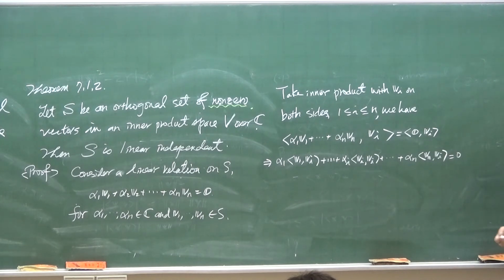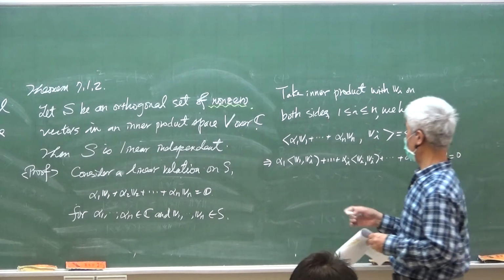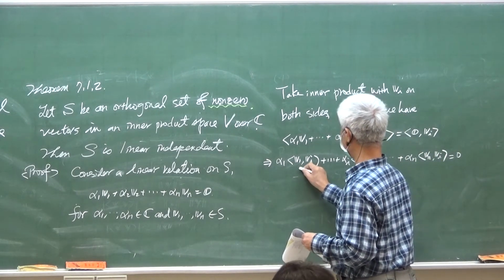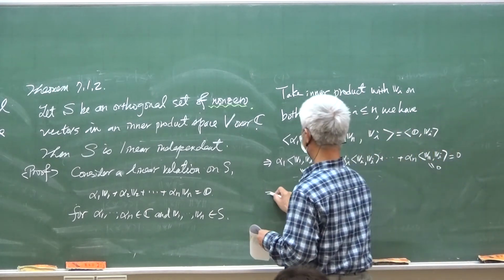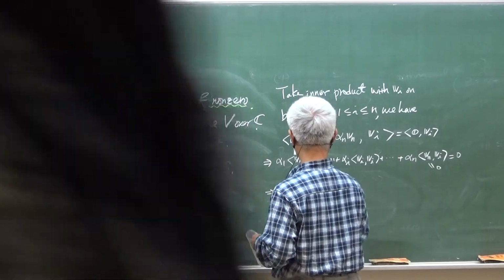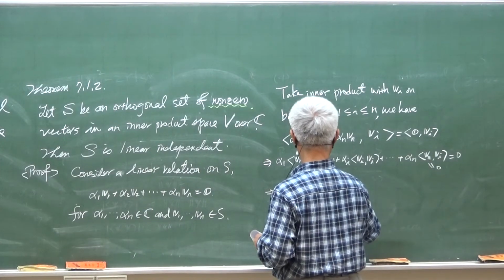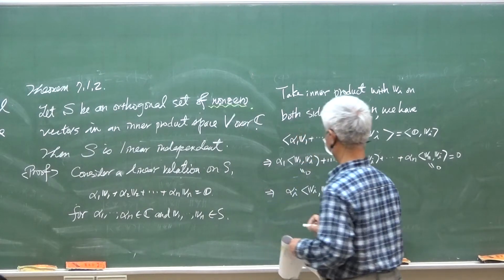The zero vector is always orthogonal to any vector, so this is 0. But because they are orthogonal, this is 0, this is 0.